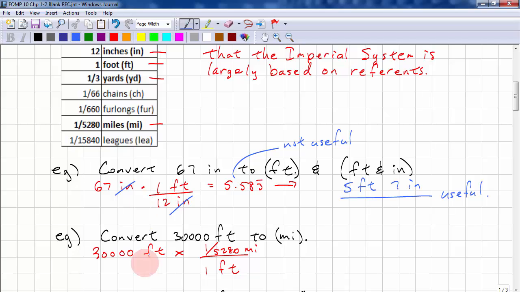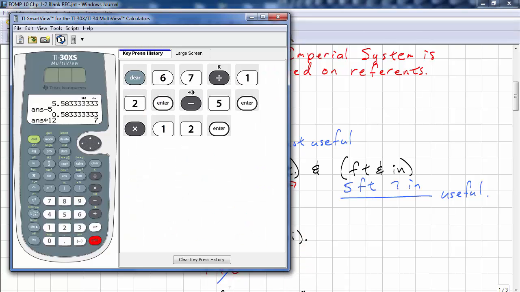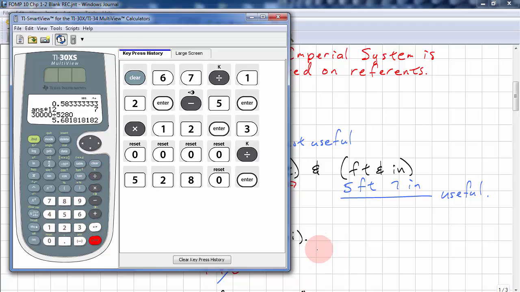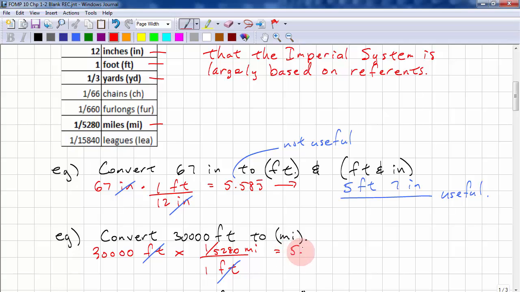Okay, the feet cancel out. And now we just have 30,000 divided by 5280. And we bring up our calculator. Okay, and we get 5.681 repeat miles.